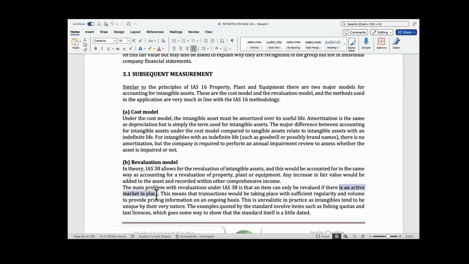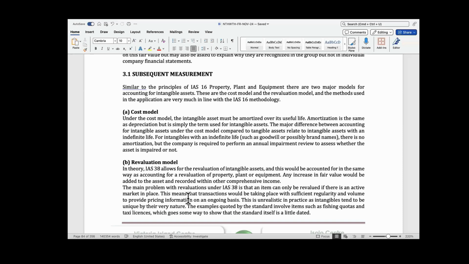And when we say active market, it means a place where transactions are taking place with sufficient regularity and volume that we can easily get pricing information on an ongoing basis.